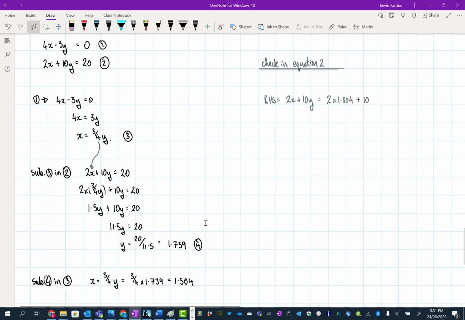We'll put in what y is, down here, 1.739, which is equal to, so what should it be equal to? It should be equal to 20, hopefully. So let's see what happens.